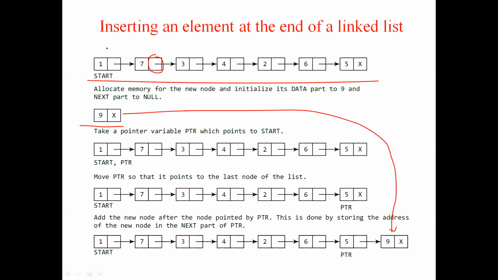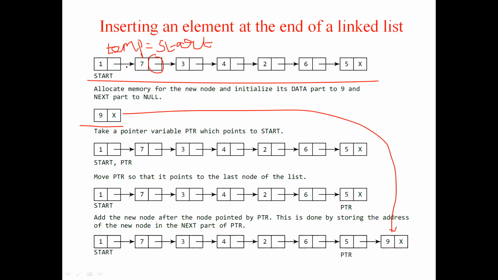See, always what will I do? I will store the address of start to temp, right? Temp equal to start. First initial condition, what will I do? I will copy the start value to the temp. Why am I copying here?